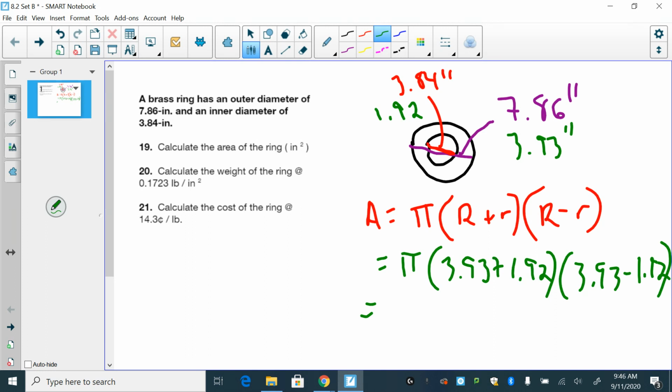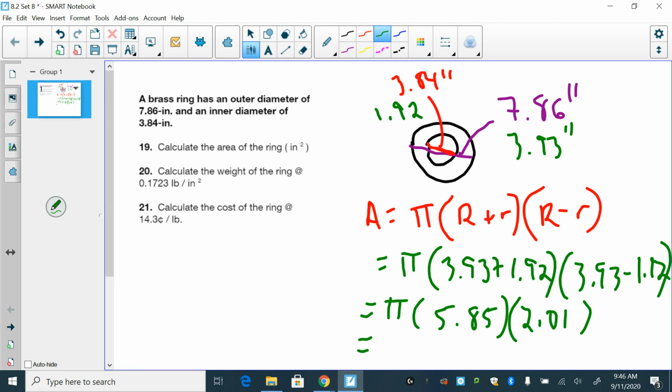So I'm going to go 3.93 plus 1.92 equals 5.85. I'm going to rewrite the pi and rewrite 5.85, the adding of the two radii. And then I'm going to subtract the radii, 3.93 minus 1.92, and that's 2.01. I'm going to put that in there.